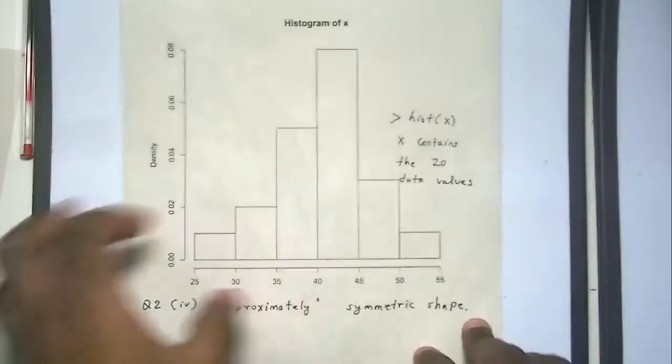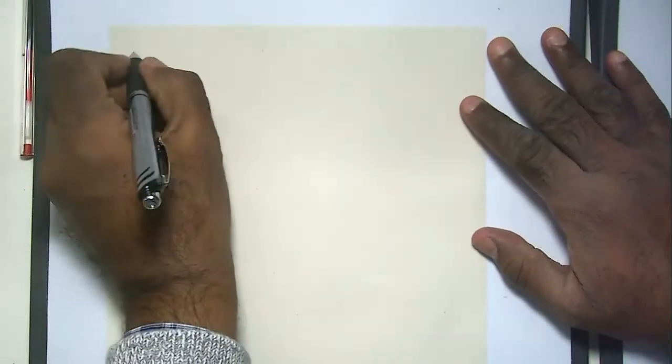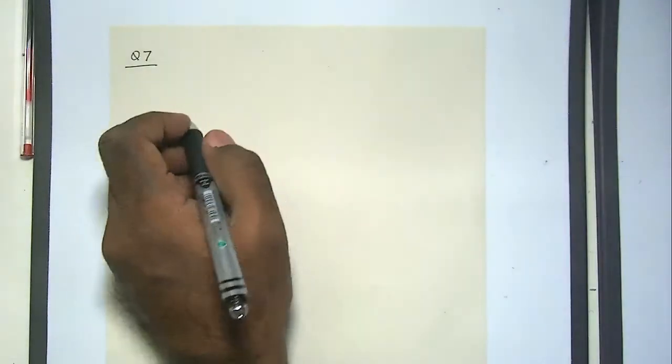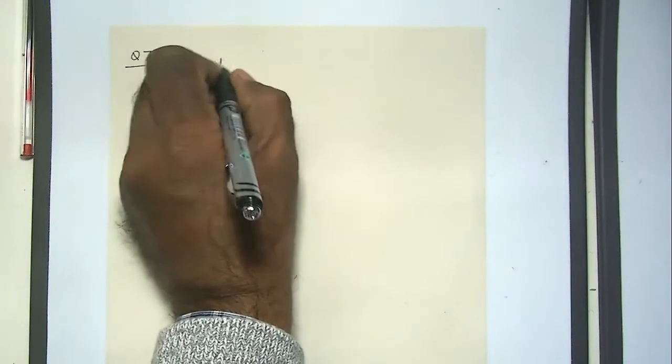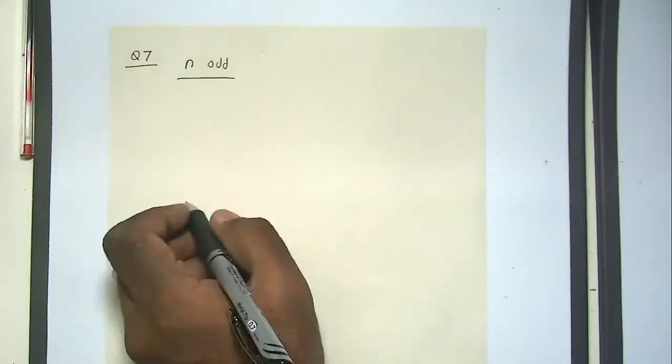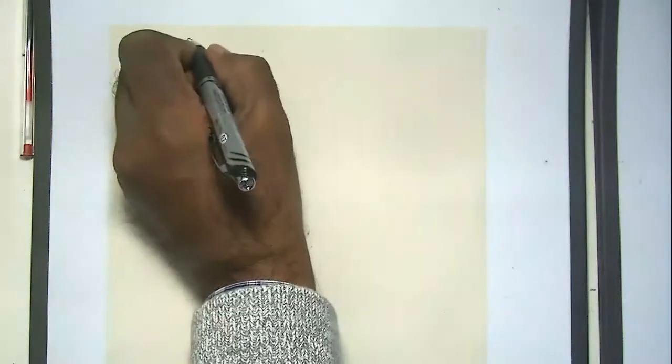All right, guys. Next, question 7, which is easy. I'm sure all of you did quiz 3, right? So you just need to consider the cases. Let's consider the case n is odd. We know that p is a half.